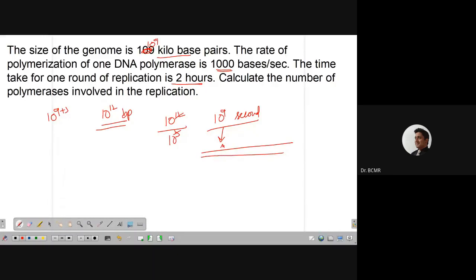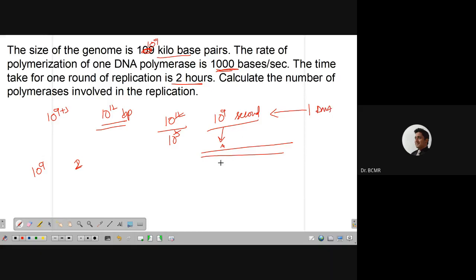I'm not going to calculate the whole thing for you, but if you want to replicate all of these 10 to the power 9, if it is one DNA polymerase, it would have taken 10 to the power 9 seconds, right? But convert it into hours.